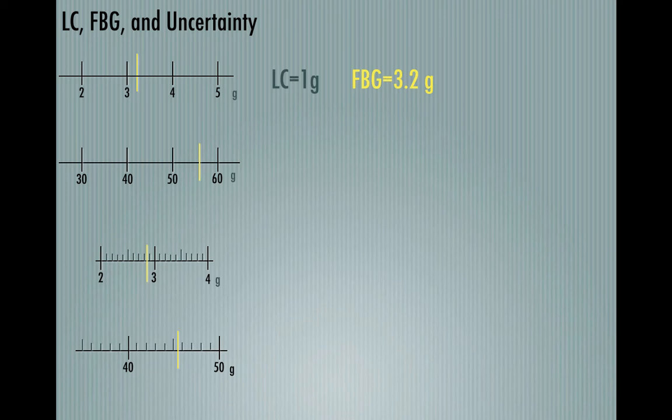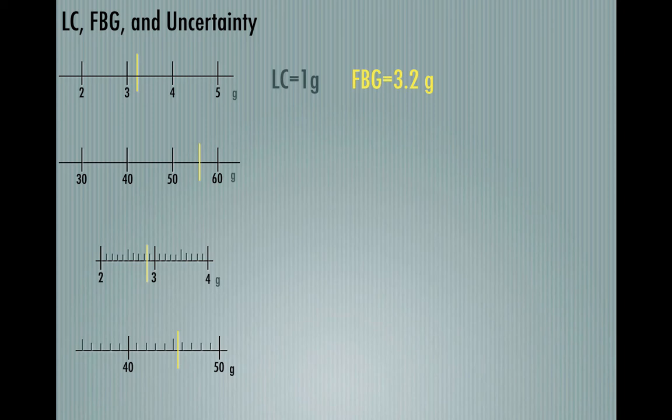Remember, the uncertainty is based on how many tick marks you can visualize between 3 and 4, and those tick marks are pretty far apart. So I'm going to say I can visualize 10 spaces in there, which means my uncertainty is going to be a 1. But what place value is that 1 going to be in?